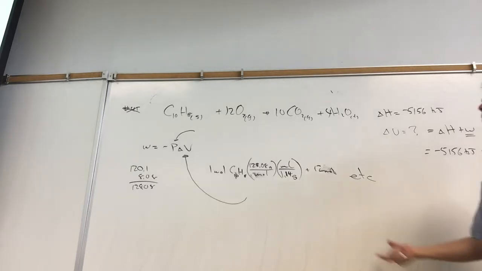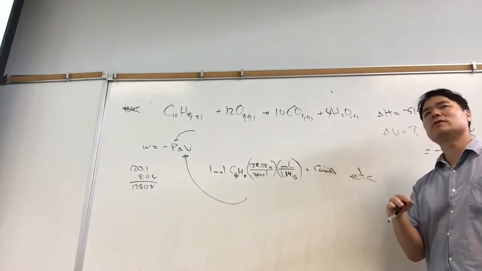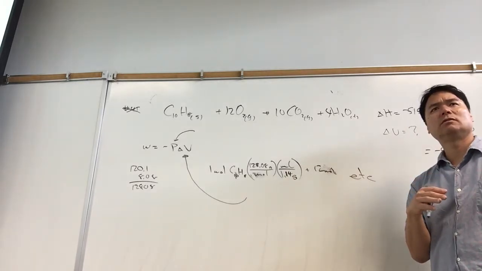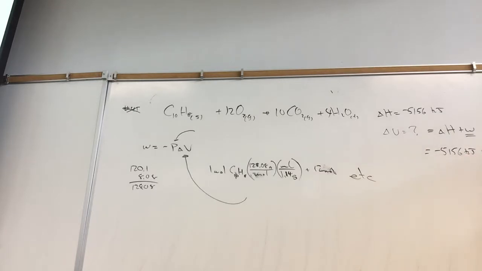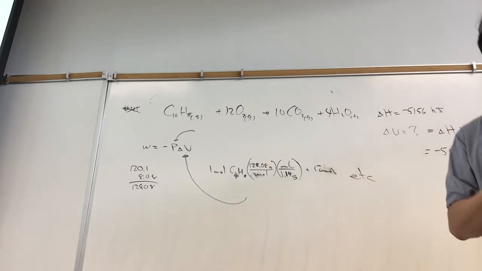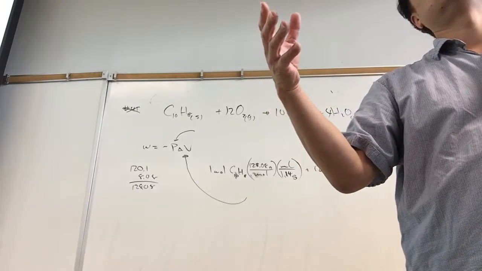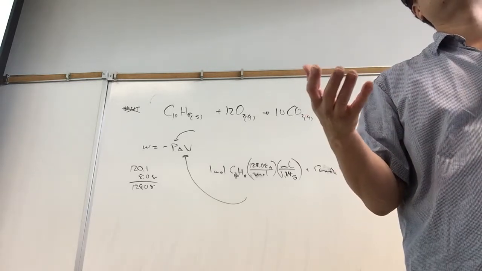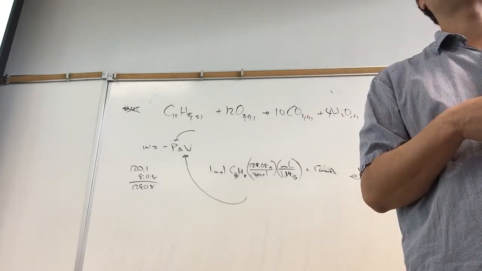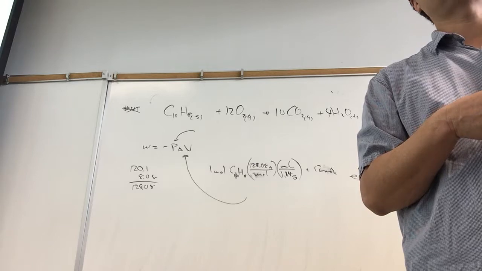It turns out that when you do this calculation, the work amounts are quite a bit smaller than the heat. Yesterday I was drawing a small arrow for work and a big arrow for heat. That's typical because you're usually looking at 100 joules for a liter of expansion. So if you had 50 liters of expansion, that's only 500 joules, which is just half a kilojoule.